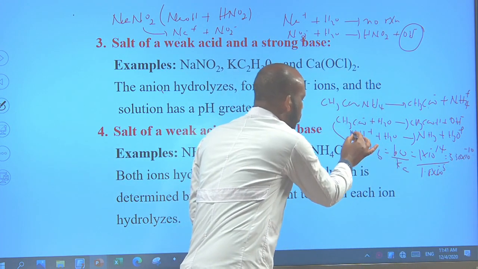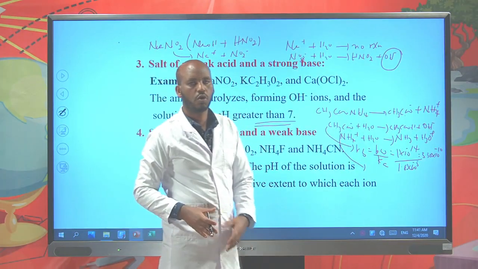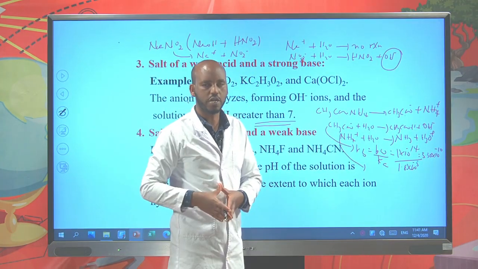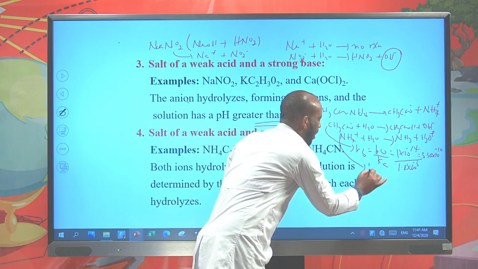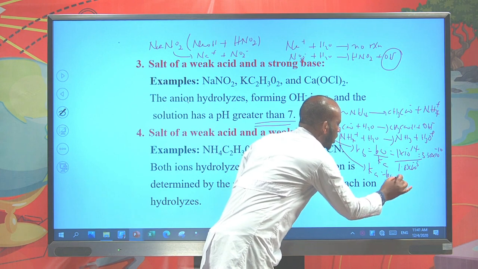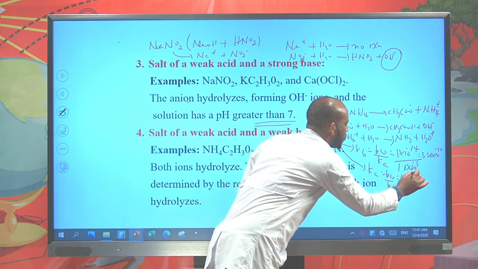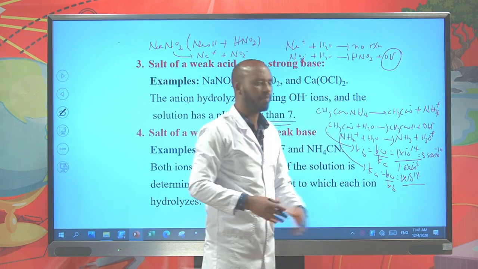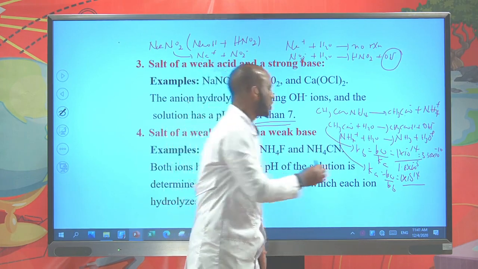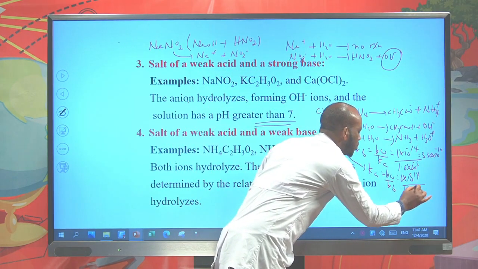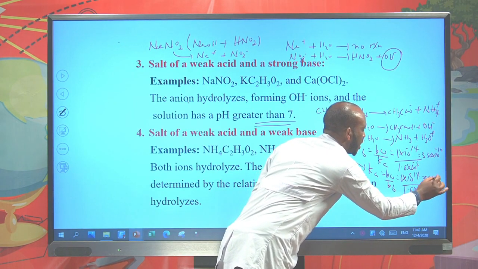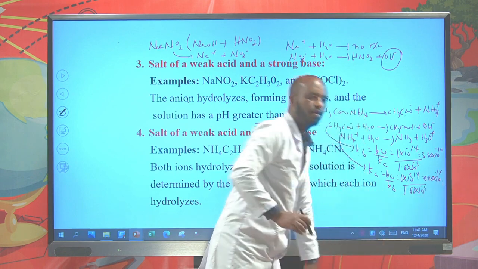This is an acid. What type of acid? The conjugate acid of the weak base, ammonium. K acid equals K water divided by K base. K water is 1 times 10 raised to minus 14, divided by K base, the parent base being ammonia. Its dissociation constant is 1.8 times 10 raised to minus 5, which equals 5.56 times 10 raised to minus 10.